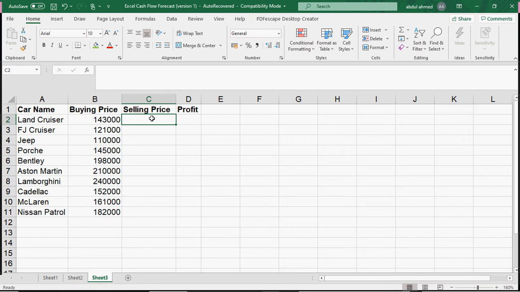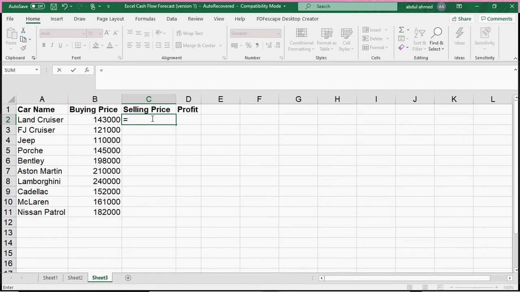Now how you do that, remember formulas, equals. If they want to make 10% over what they paid, 143,000, that's 100%. If they want to make a profit of 10% above what they paid for, it will be 110%, that means times whatever they paid.